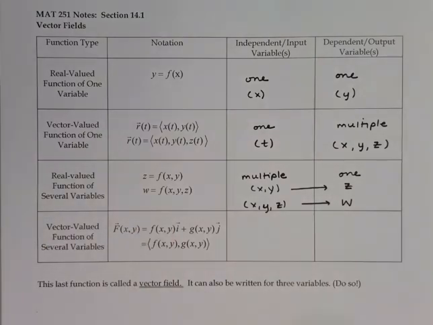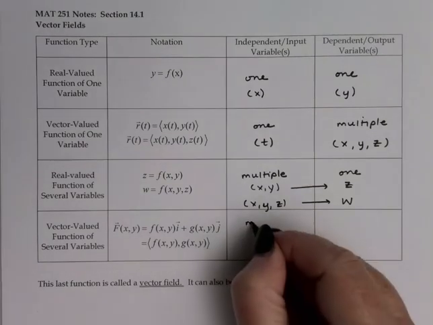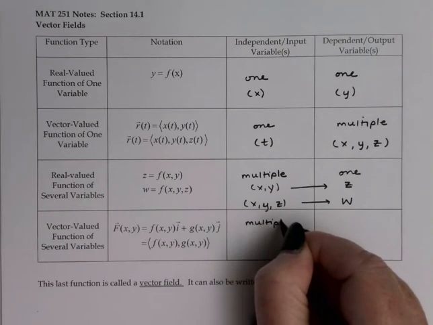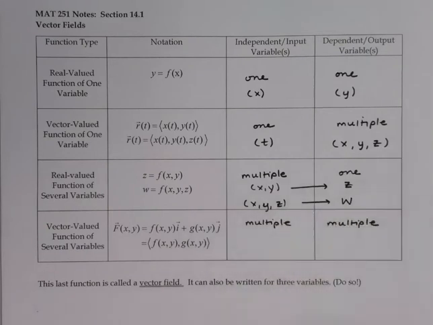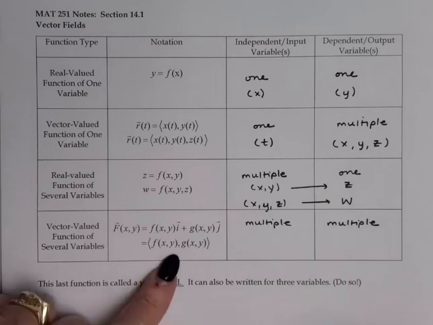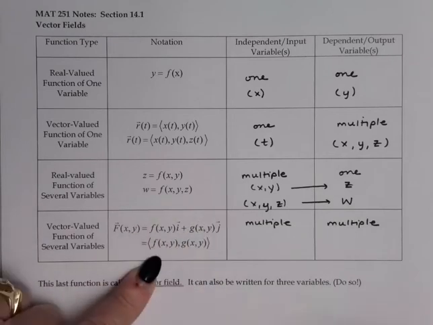The only situation that we have not yet dealt with is what if there are multiple inputs and multiple outputs. So that's how we're going to finish out the semester. Multiple inputs and multiple outputs. This is the two-dimensional version of that.